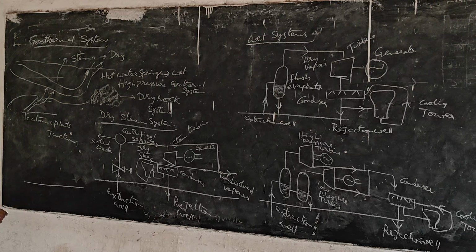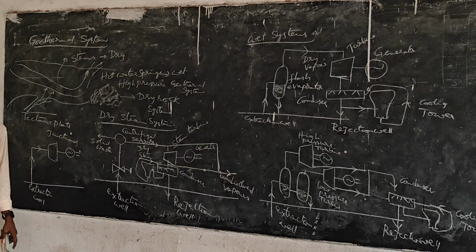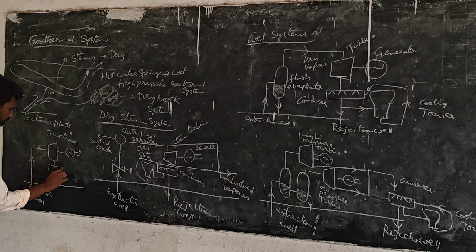So in that case you have an extraction well, and it is directly connected to the turbine. The output of the turbine is given to the cooling tower.